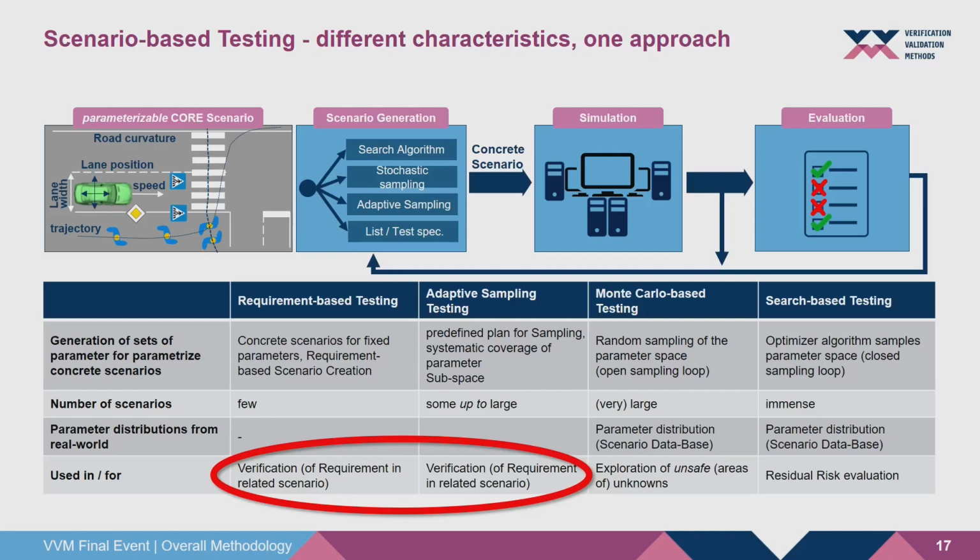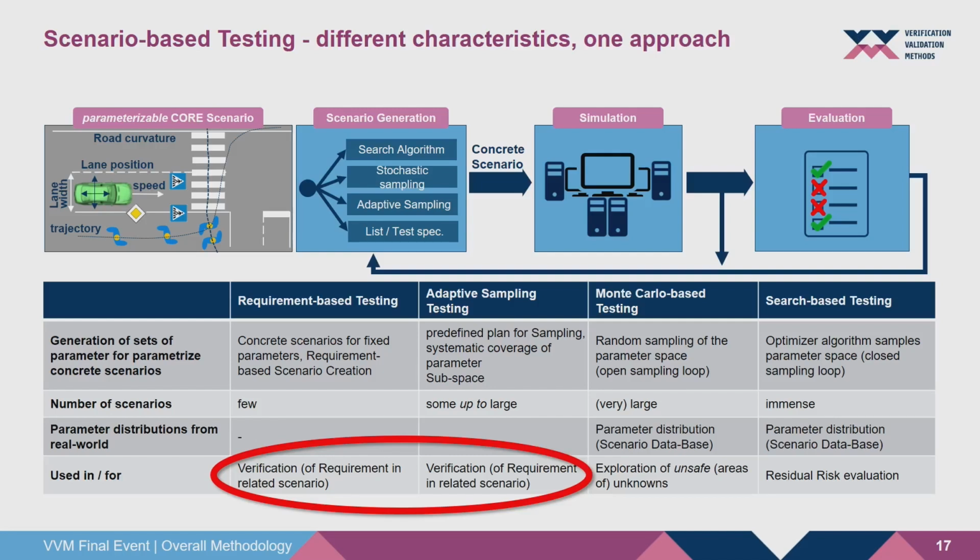One keyword that appears is scenario-based testing. What does it mean? First, we need a parameterizable model for the scenarios. You see it on the left side. And then we need something which generates concrete scenarios which could be tested in simulation or on other test platforms.